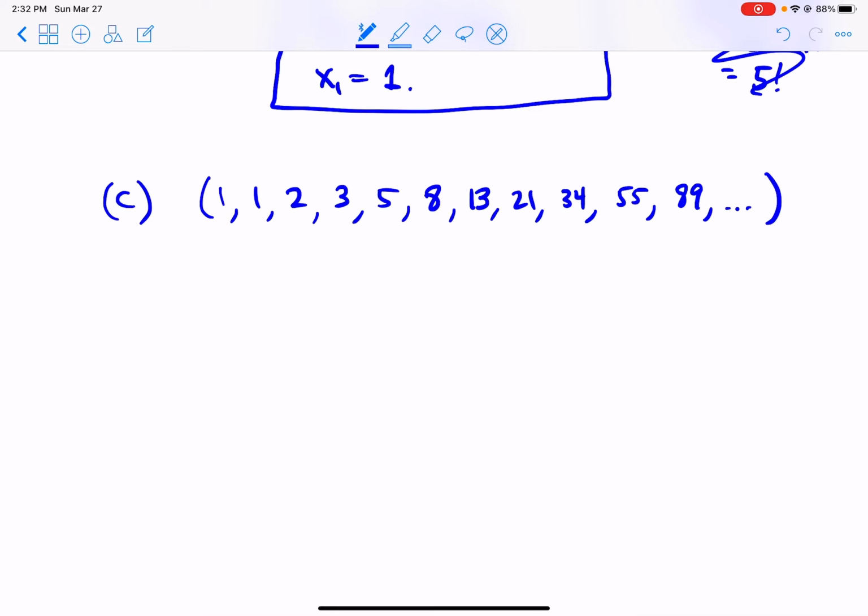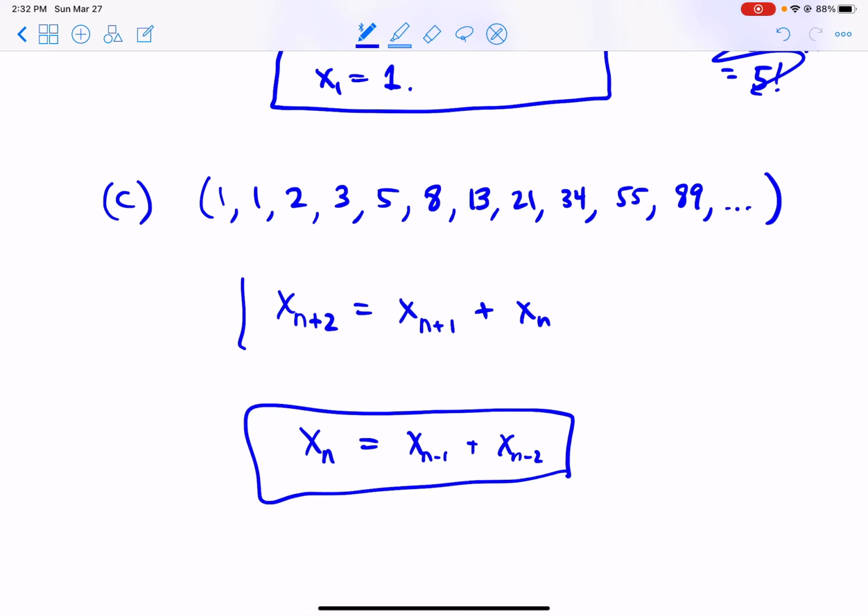I'll stop there. We don't want to do 3 digits. So you just add the previous 2. That means the n plus 2th term is just the x sub n plus 1th plus the x sub nth. Another way to write this exact equation would be xn equals xn minus 1 plus xn minus 2.